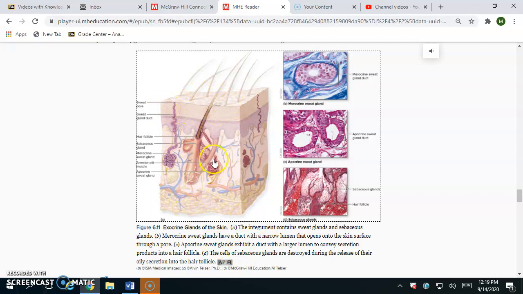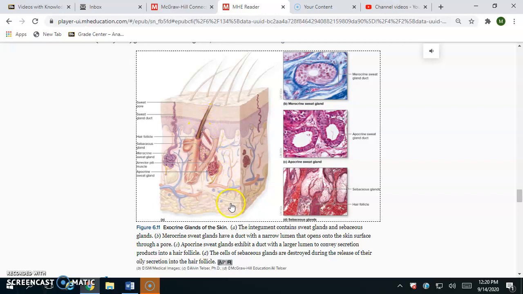We call this one a merocrine sweat gland. We also have an apocrine sweat gland. This is also a sweat gland, and it also has a little duct system. Sometimes that sweat will go to the surface, or sometimes it'll actually connect to the hair follicle.